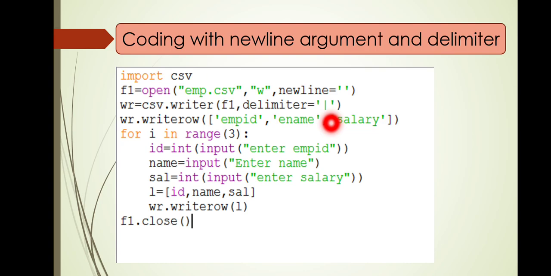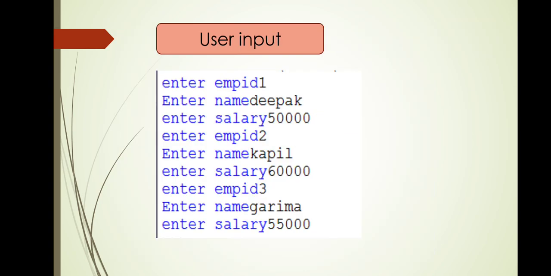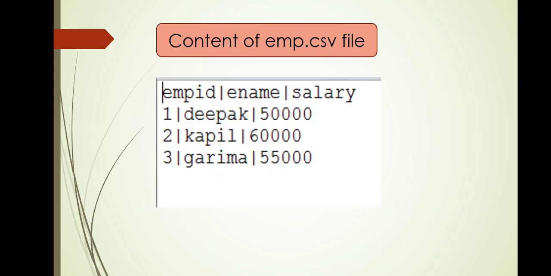So the same code is this, the same data is taken as input. Now the contents of the file are, as you can see over here, the delimiter character is the pipe symbol. And since newline was also provided, no end of line translation took place.